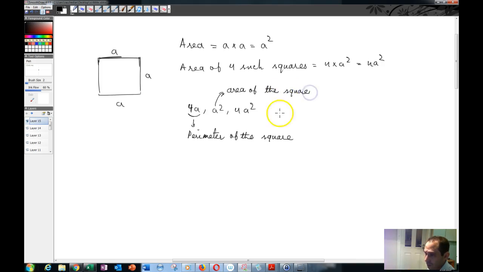So then, if you want to write an algebraic expression to represent the area plus the perimeter together, it's going to be equal to a squared plus 4a.